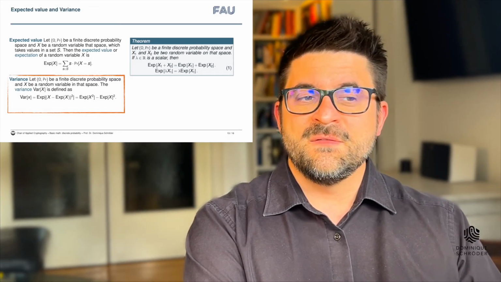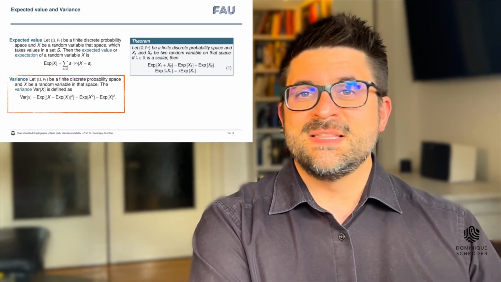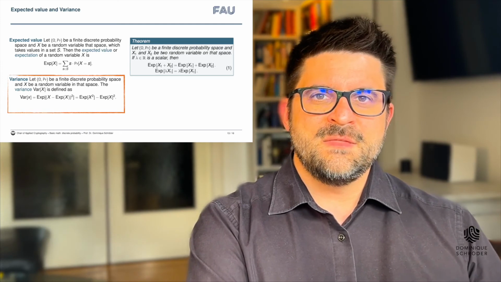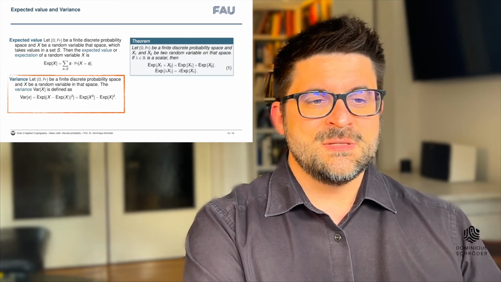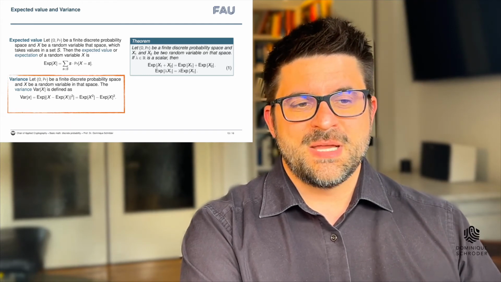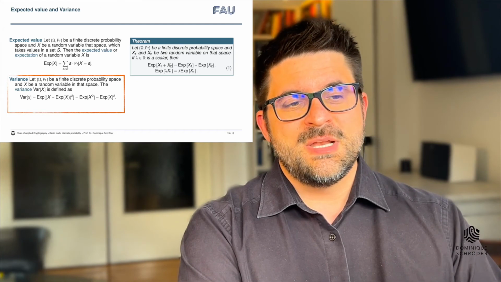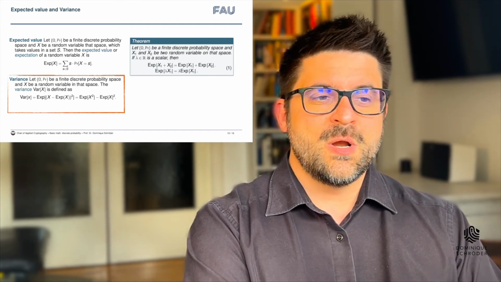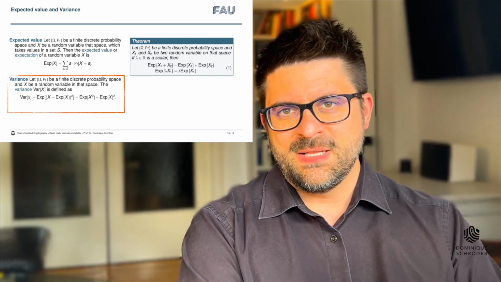Again, we're considering a finite probability space and a random variable x in that space. Then the variance Var(x) is defined as the expectation of (x minus the expectation of x) squared, which is then computed as the expectation of x squared minus the expectation of x, squared.